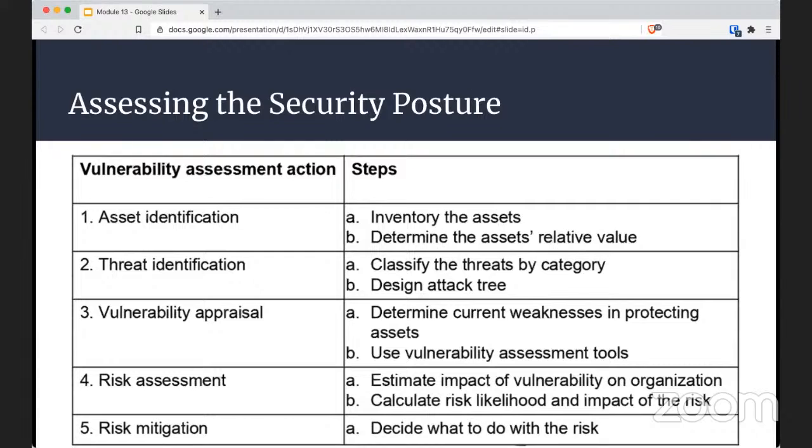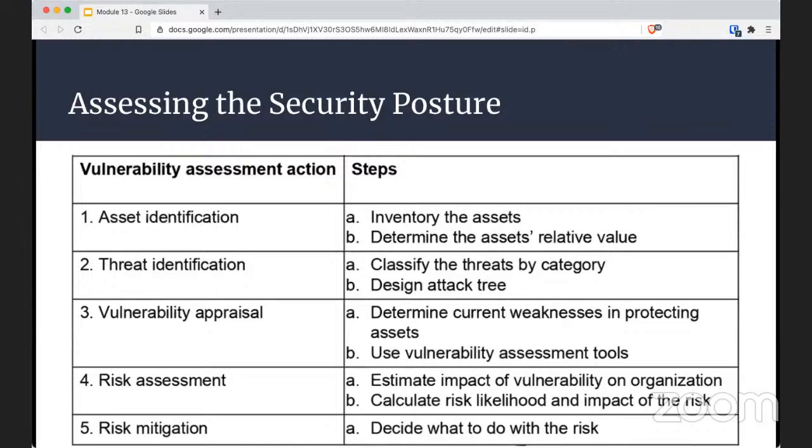This is how we get paid. So we have to be able to use basic plain English to describe the vulnerability of the infrastructure of the organization, of the system, whatever it is.